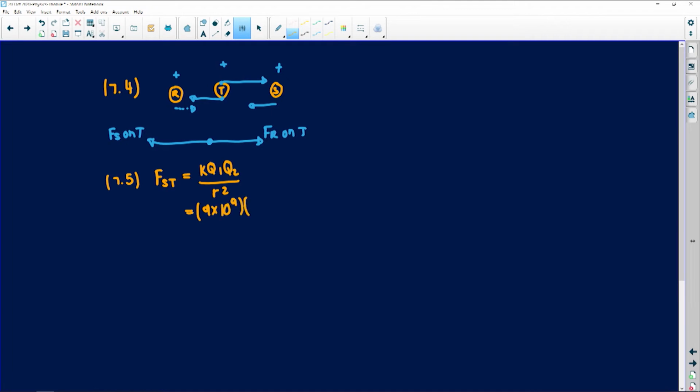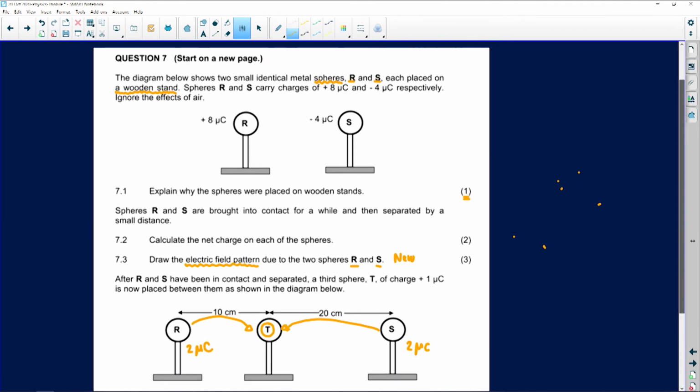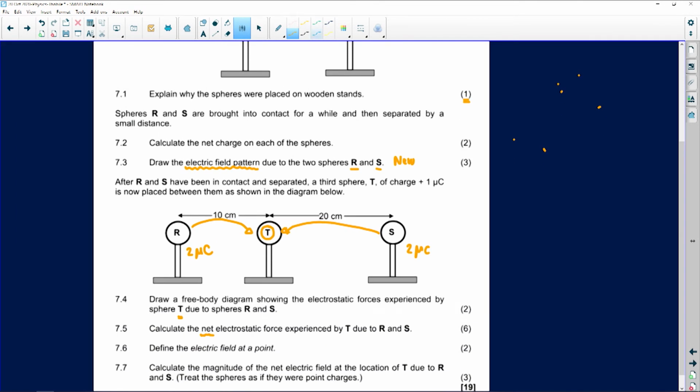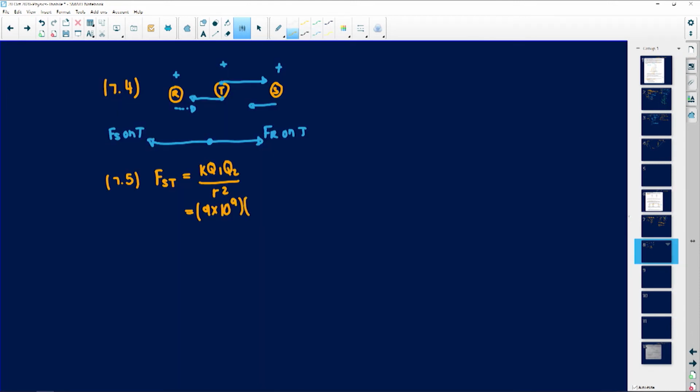I always say put conversion factors. Now remember, I just want to go back here so that you know where I'm getting it from. They told us that 1 is microcoulomb. Converting this to coulomb, I'm going to say 1 times 10 to the negative 6. Converting this to coulomb becomes 2 times 10 to the negative 6, as well as this one, it becomes 2 times 10 to the negative 6. You need to know your conversions, my darlings, unfortunately so.